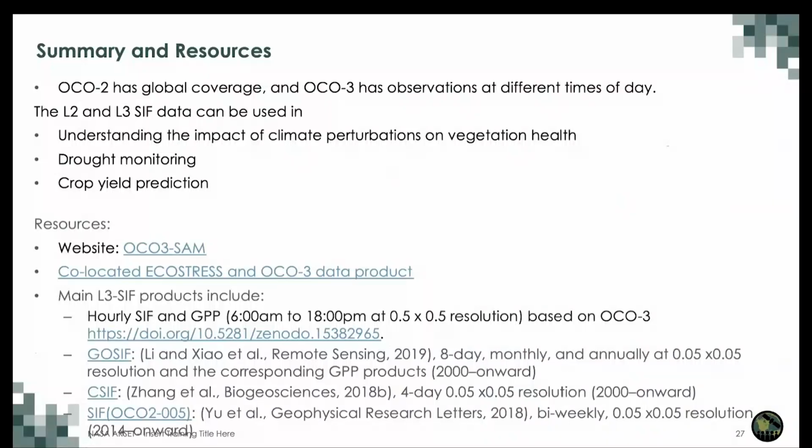We have both level 2 and level 3 SIF products available, and these can be used to understand the impact of climate perturbations on vegetation health, and can also be used in drought monitoring and crop yield predictions. And here I list a few websites that I have talked about in the lecture, including the OCO-3 website and also the products that I have mentioned throughout the slides.